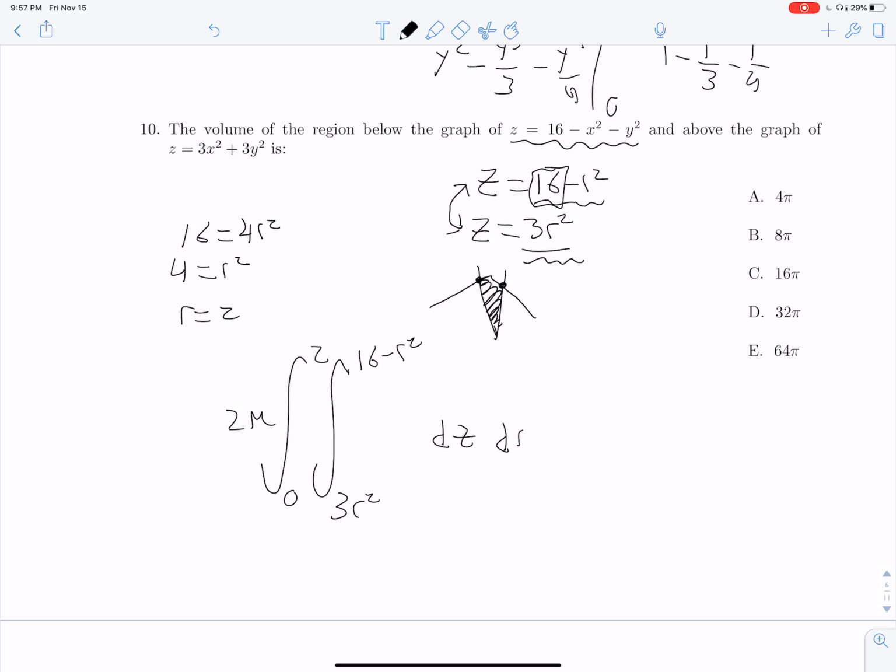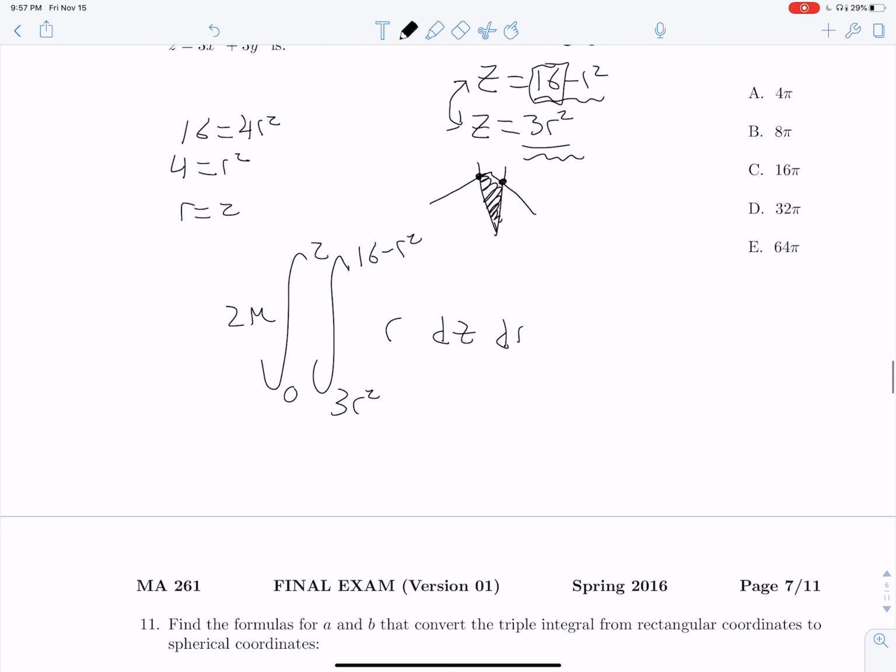So 2 pi goes outside. And of course, we need an r in our integrand.